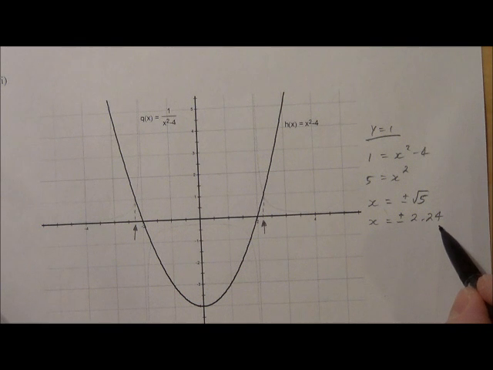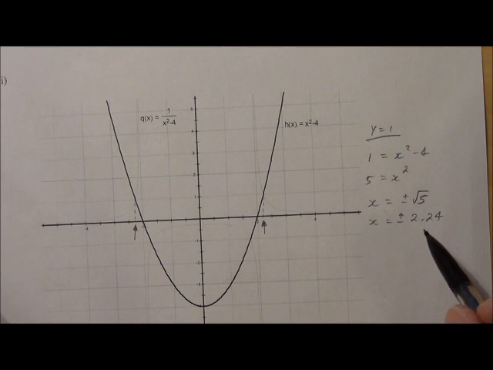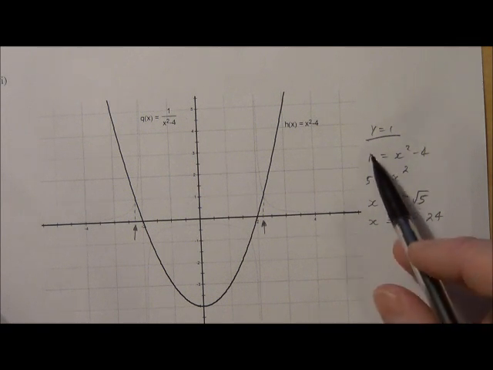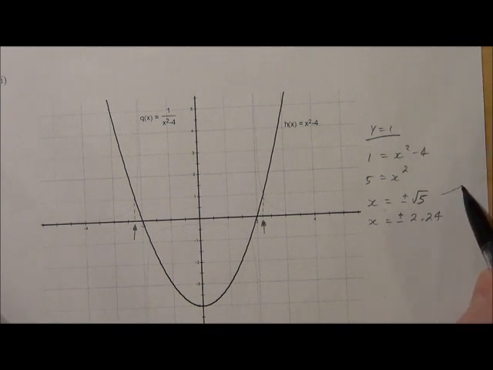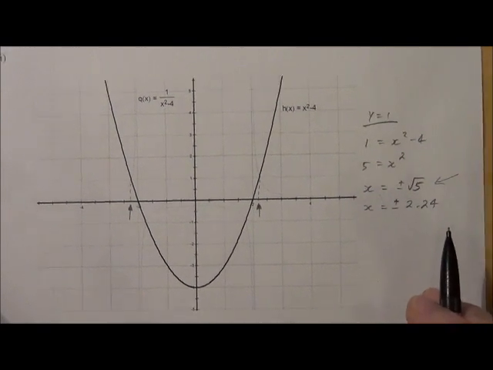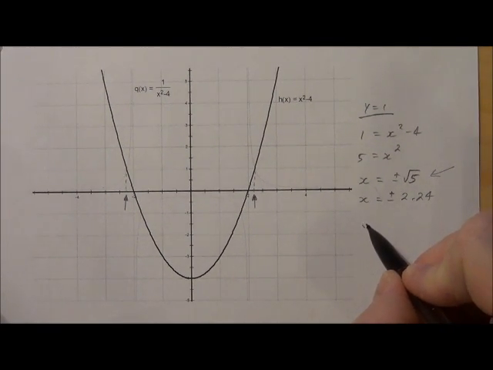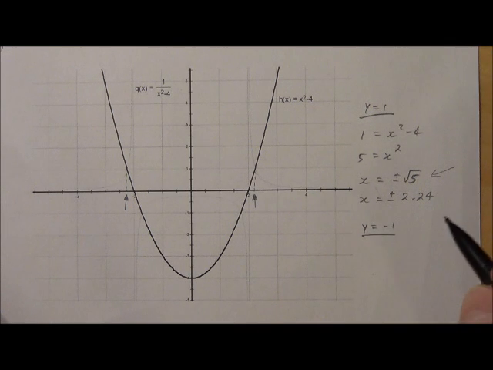Okay, so that would be the x value. So the points would be positive 2.24 and 1, or positive root 5 and 1. And the other point would be negative 2.24 and 1, or negative root 5 and 1. Now, because I do like exact values, I think we'll just leave it with the root 5. Now, we're also going to have to see where the y value is -1.